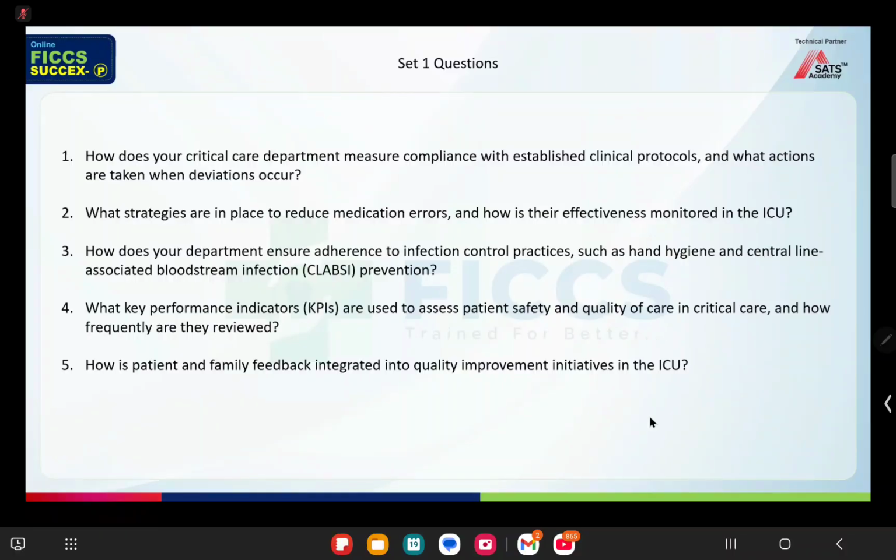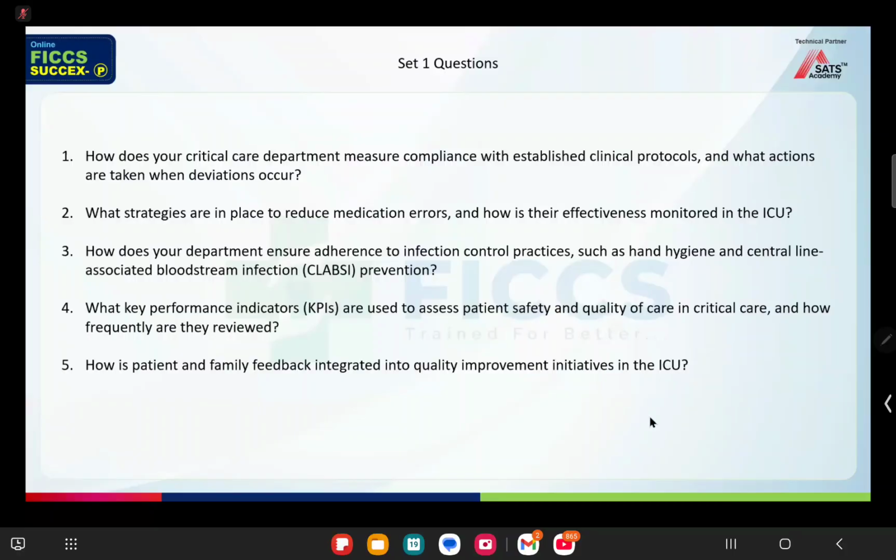Whatever checkpoints are not being fulfilled are then ticked. The number is calculated at the end of the month: total number of patients ventilated, total number of patients where compliance to the VAP bundle protocol was followed, and then the percentage is taken for quality purposes. And that is cross-referenced with the incidence of pneumonia per 1,000 patients ventilated.